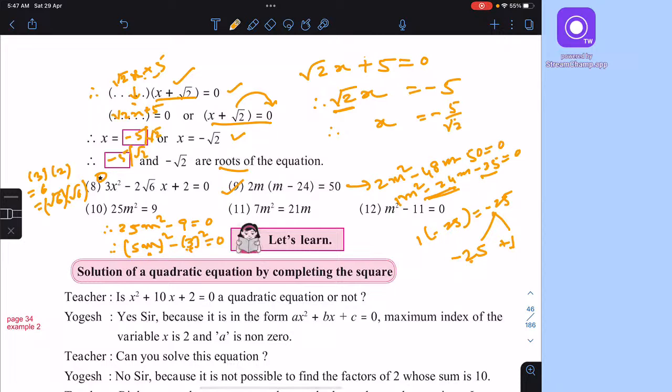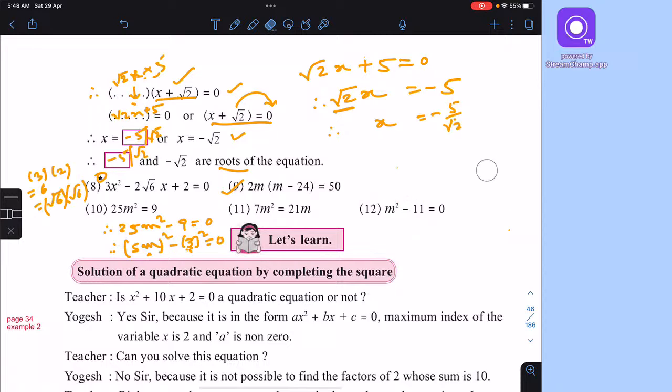This is 5m plus 3 equal to 0 or 5m minus 3 equal to 0. You can solve it very easily. This 7m square is equal to 21m. This type of example we have seen before on the previous page.